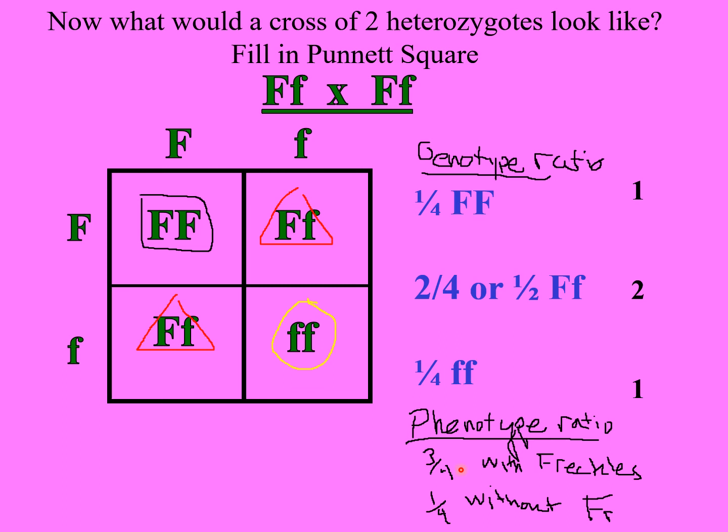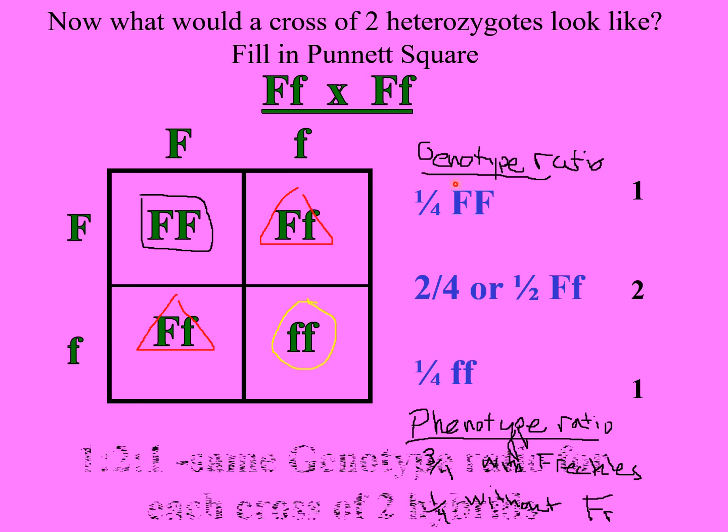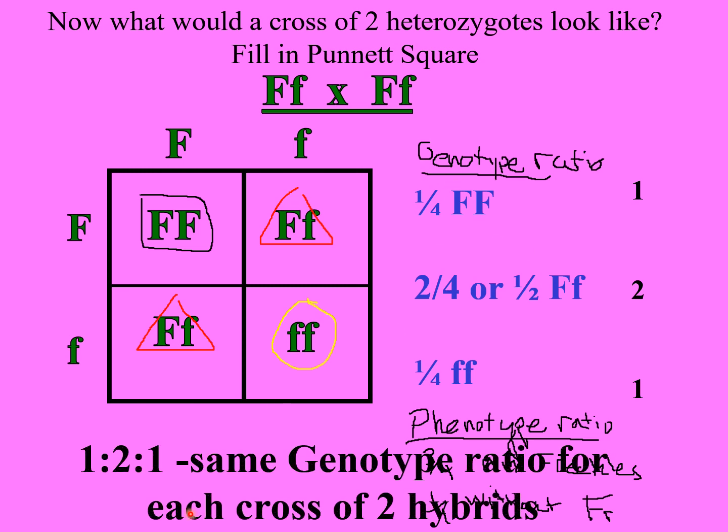Just keep in mind that genotype is genetic. What letters are you talking about? Phenotype is physical. What's being expressed? Are you showing the trait? Are you not showing the trait? What's going on in the actual trait? But this 1 to 2 to 1 genotype ratio always occurs with a cross of two hybrids. And let me erase this so it's easier for you to see.